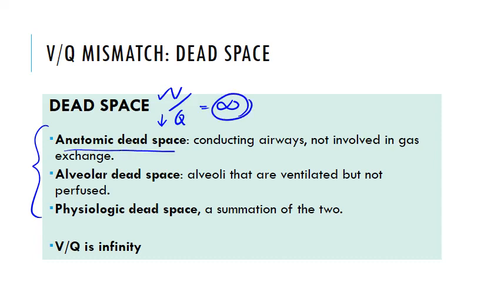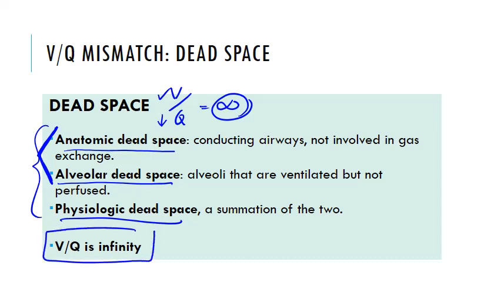Anatomic dead space, like we've talked about before, is conducting airways that are not involved in gas exchange. Alveolar dead space, on the other hand, is the more pathologic version where circulation is shut down despite a normal ventilation. And physiologic dead space is the summation of both of these two. Again, these can both be quantified in terms of volume, but we will not go into that in this lecture. So VQ for dead space is infinity.